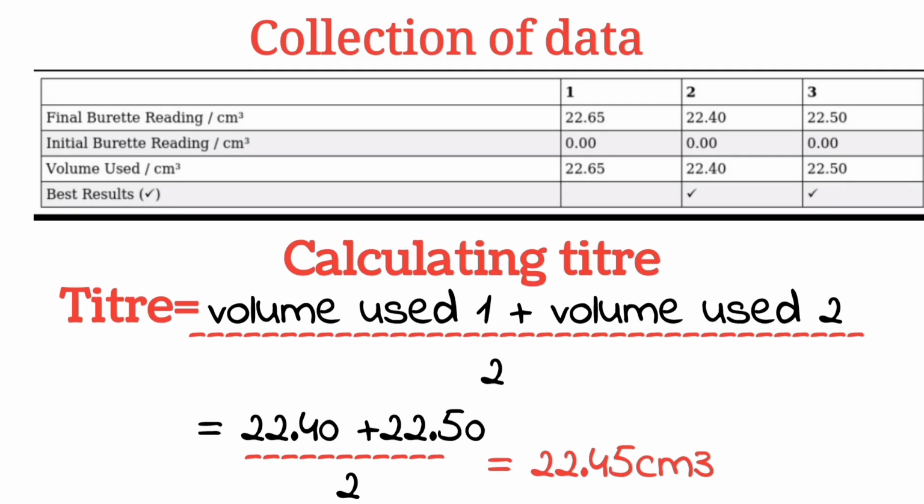That is our titer. That is the volume of the acid used to neutralize the sodium carbonate. Titer and volume of the acid used to neutralize the sodium carbonate are one and the same thing. If you are asked to calculate the titer, this is what you will do. If you are asked to calculate the volume of the acid used, it is still one and the same thing. Don't get mixed up.